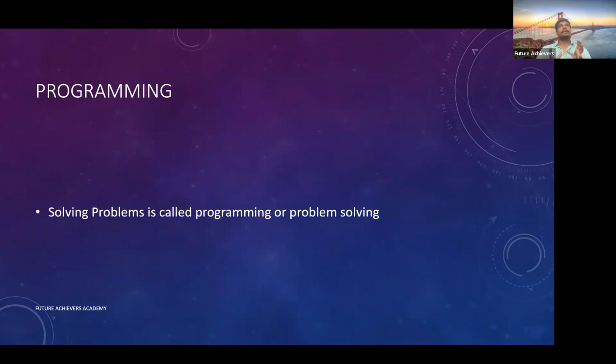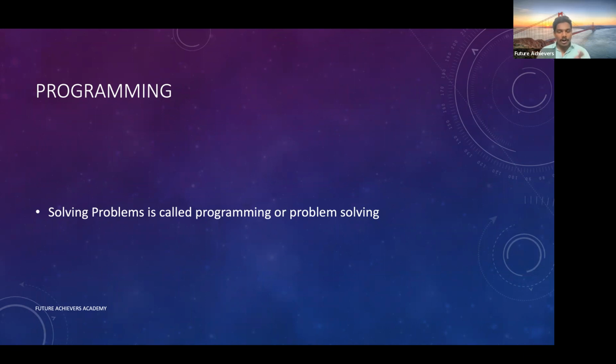Programming. Many people ask, what is programming? People say that a set of instructions is programming. Partially it is right, but in depth, programming is nothing but solving problems. So solving problems is called programming or problem solving. Have this definition in your head, because if you know how to solve a problem, you can write code for that particular problem.